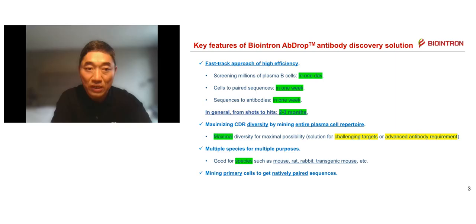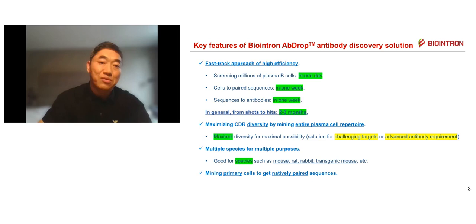Say we finish the animal immunization. We harvest B cells from the spleen. We prepare the cell suspension, and then we load up to 2 million cells into one chip. In just one day, we can finish the scanning and sorting of all of those 2 million cells.